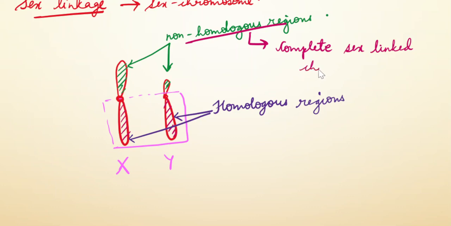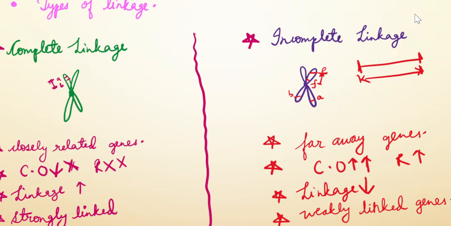If there are complete sex linked genes, then the crossing over will be less, as on this non-homologous chromosome region there are complete sex linked genes. So the crossing over will be less, or you can say there will be no crossing over. I told you what complete linkage is, where the genes are very close to each other.